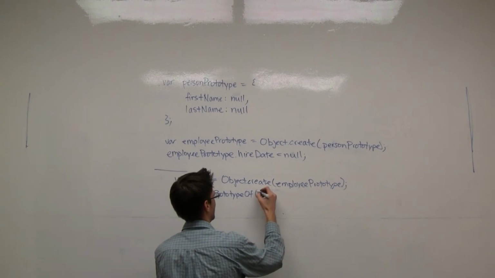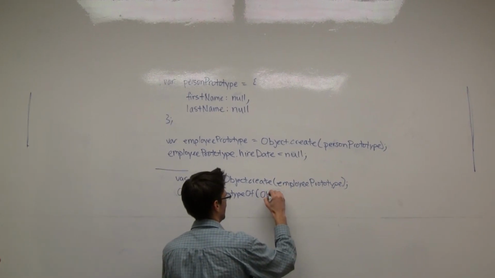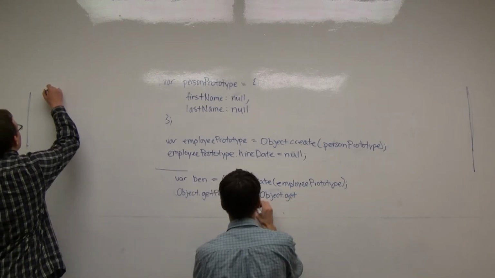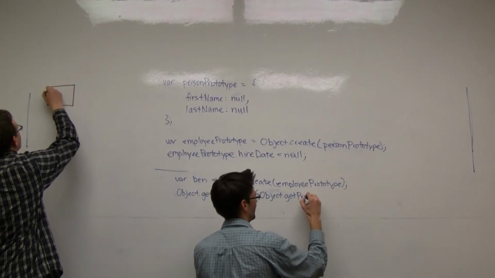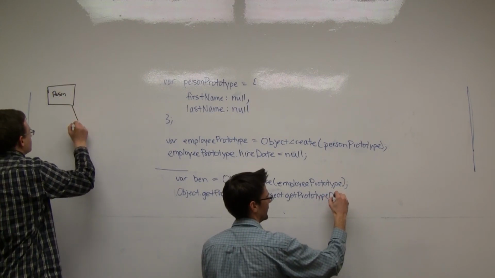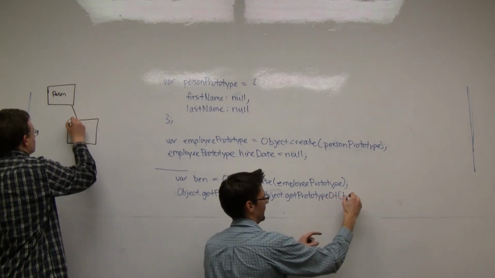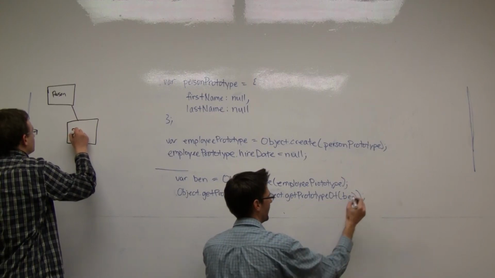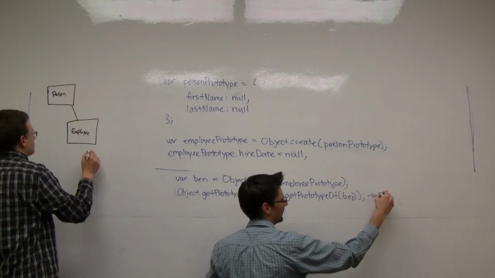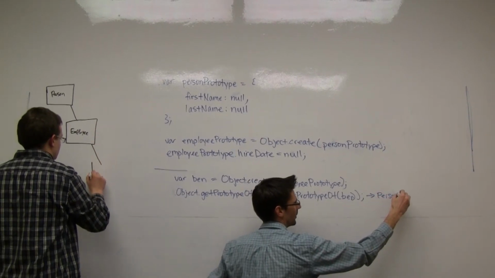We can just say Object again in here, getPrototypeOf Ben. That right there would return a person. So that would then return the person prototype.